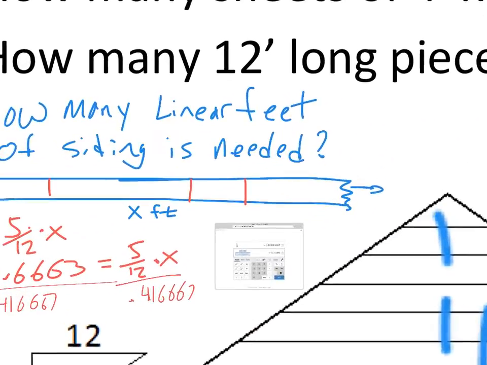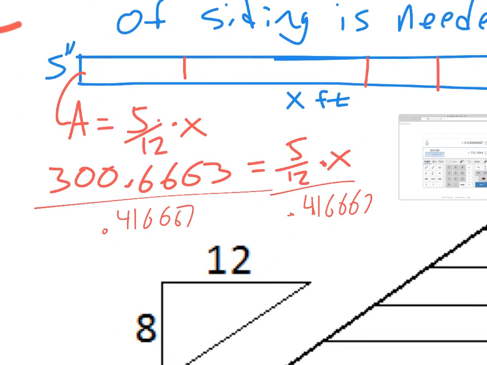So what that tells us is that we would need that many feet, 721.59 feet. And so that would be x, which we want to round to 722 feet. Okay?